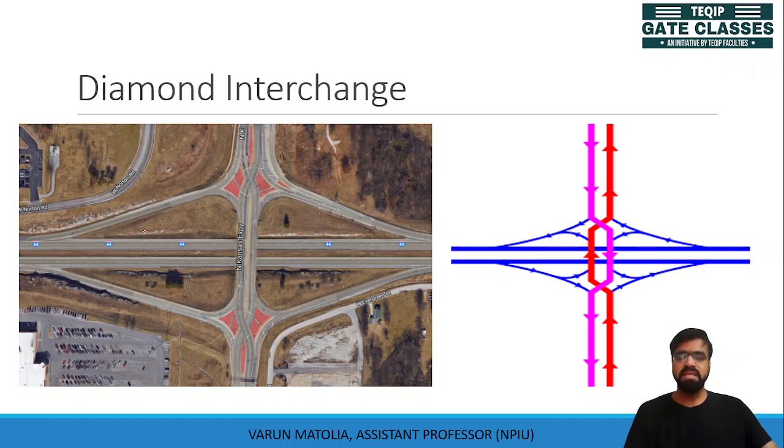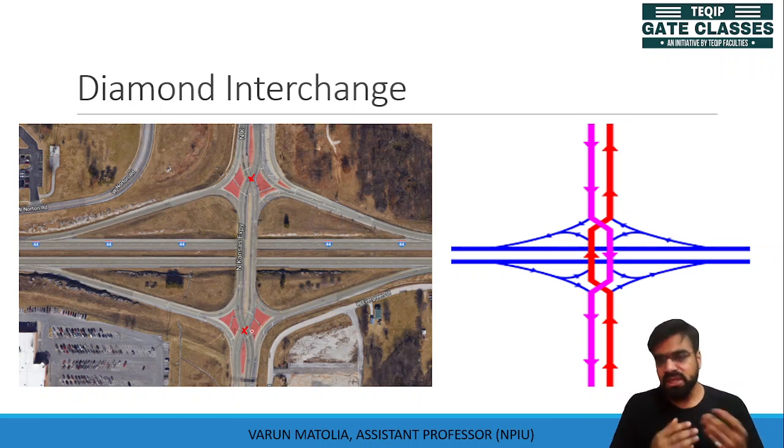The diamond interchange is a very simple kind of interchange where all the traffic movements are allowed, but there are some minor conflict points which are present at these locations where there is possibility of accidents. Otherwise, these intersections are comparatively less expensive as compared to your complete cloverleaf, but these are taking similar space width as compared to your cloverleaf.